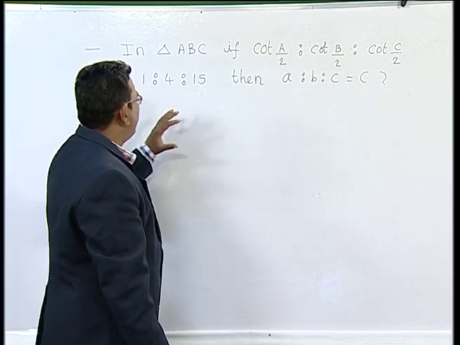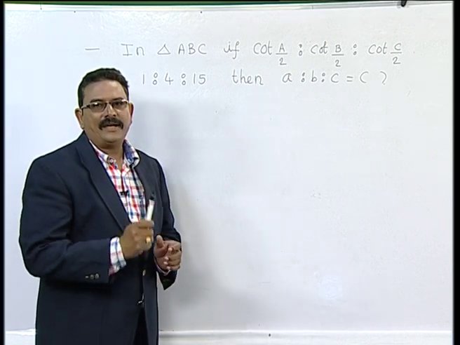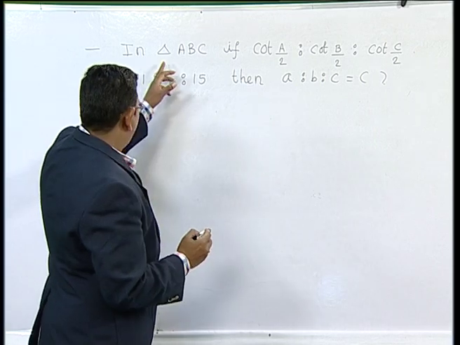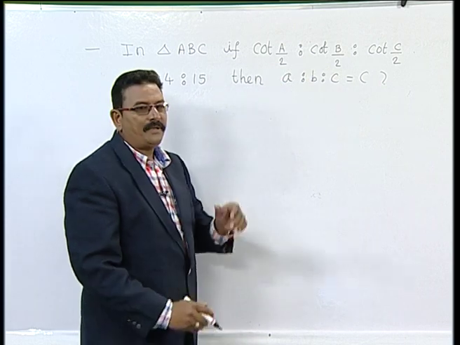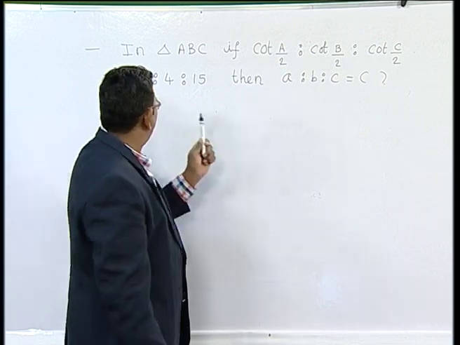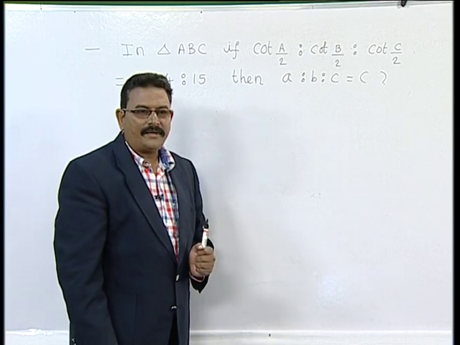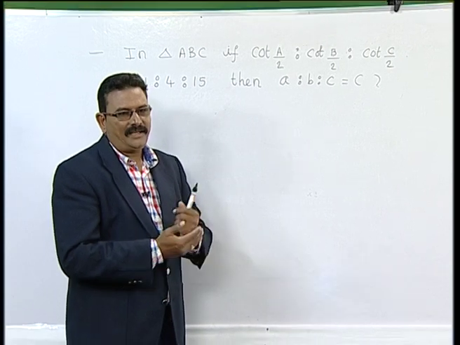So, this problem is actually from properties of triangles. It is a very, very important problem. In the triangle ABC, cot A by 2 is to cot B by 2 is to cot C by 2 is equal to 1 is to 4 is to 15. Then we have to find out the ratio among the sides of the triangle ABC.